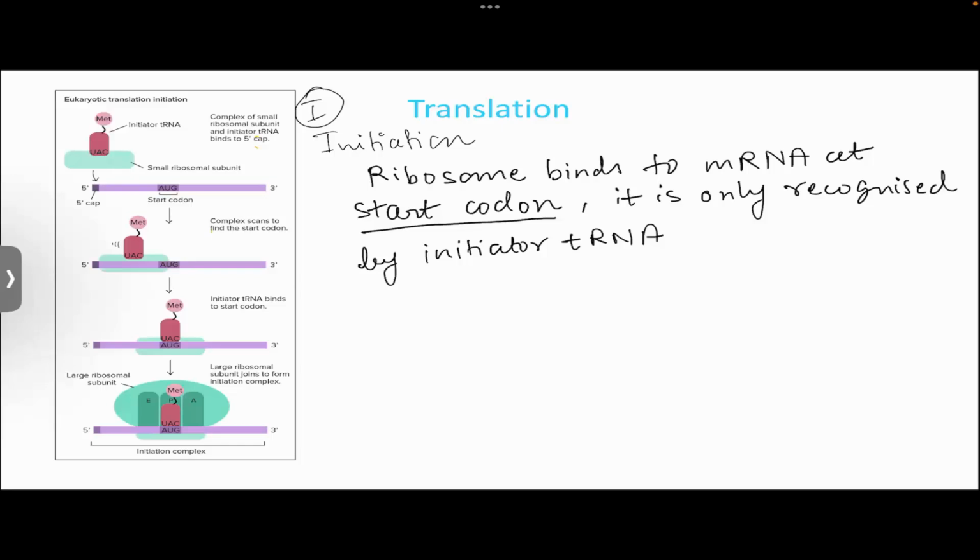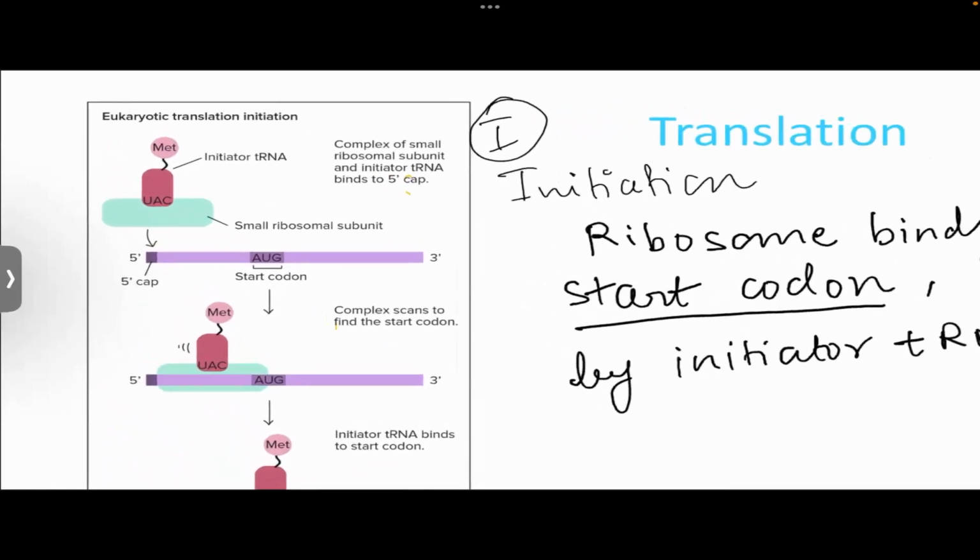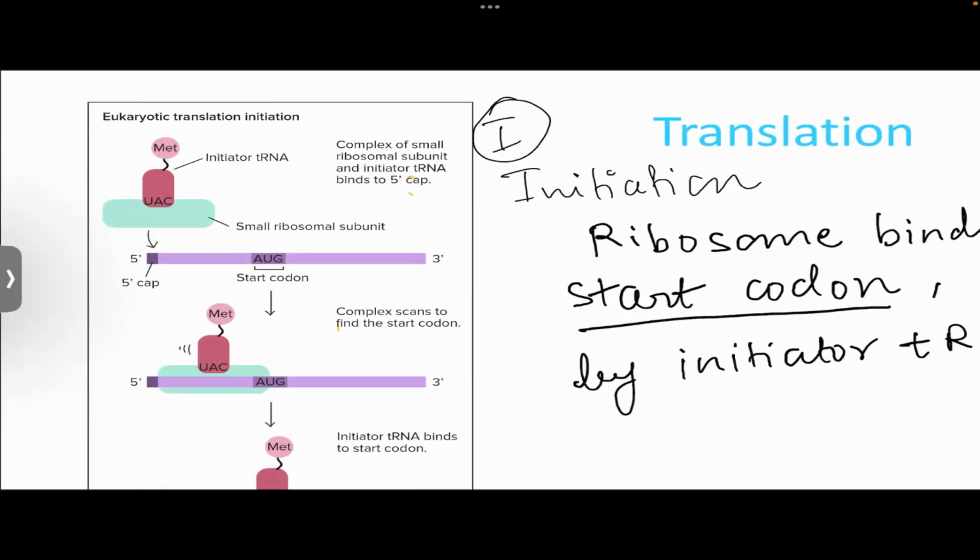This is an image showing what is happening during the initiation process. Now this is your small ribosomal unit. When the small ribosomal unit encounters the mRNA strand, it will start the translation process.